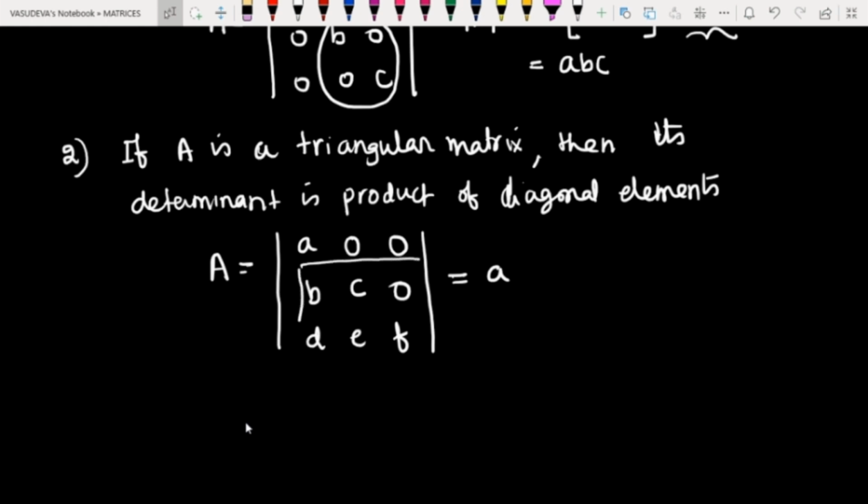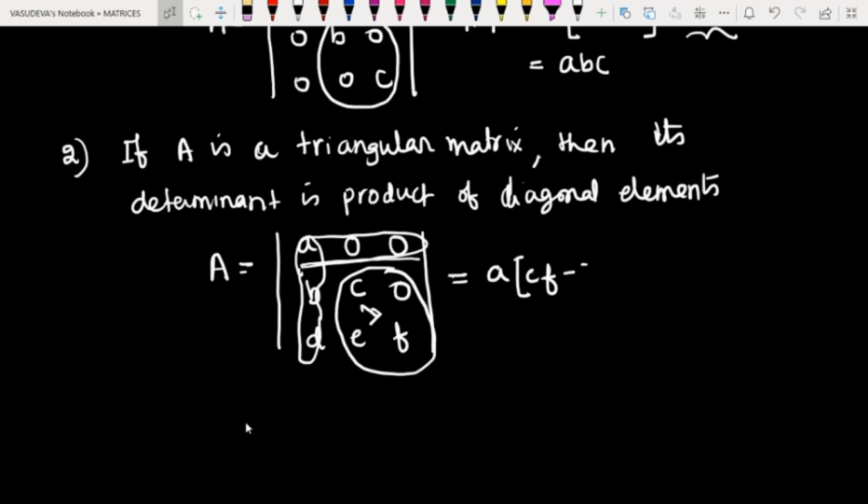So leaving the elements of the first row and the first column, we have the remaining elements as C 0, E F. Evaluating the second order determinant, C into F minus E into 0. So that is equal to ACF. So this is also the product of the elements in the principal diagonal.